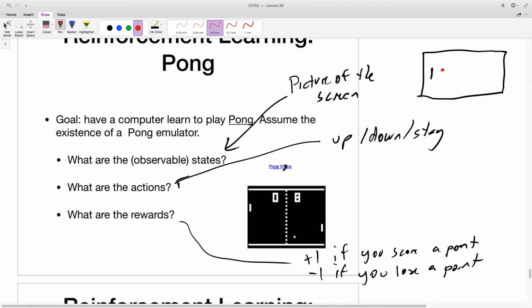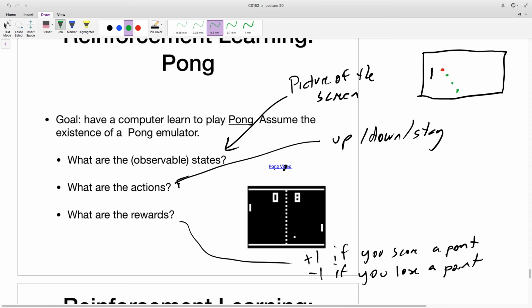It's a good point. If, however, we knew the past, that it was here 4 time steps ago, 3 time steps ago, 2 time steps ago, this time step, then which way would we want to go? Up. So this is a standard reinforcement learning problem, doing Atari.